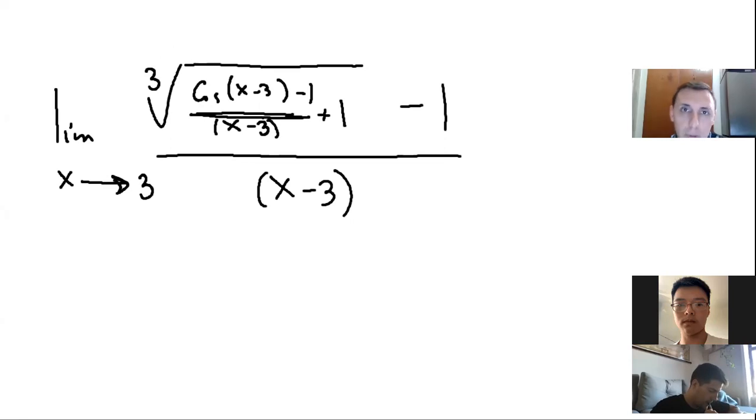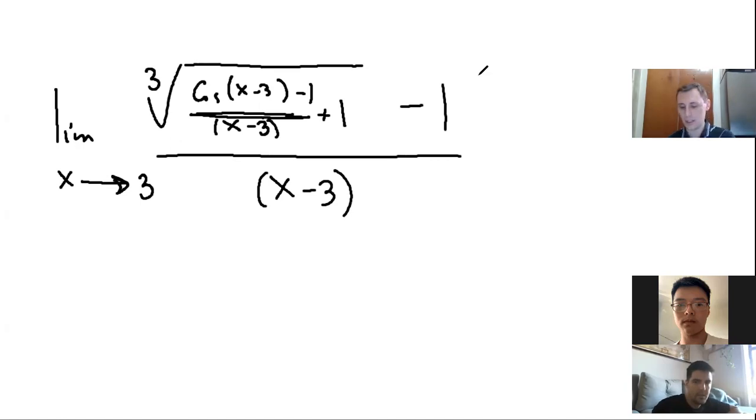I gave you a hard one actually, so I will answer it for you. So Kirill, kind of good, but not right. It's not minus 1/6, even though you are very close to the right answer.